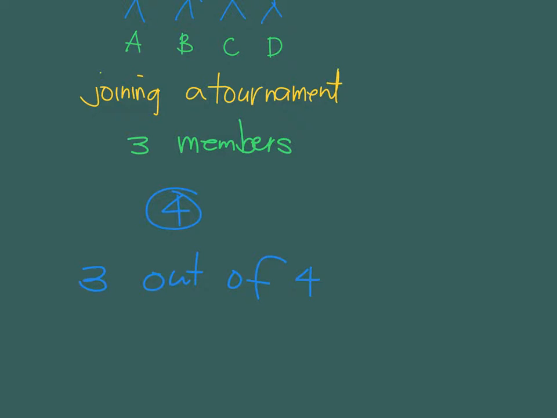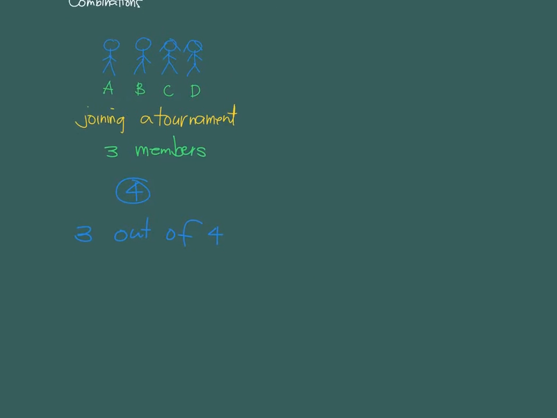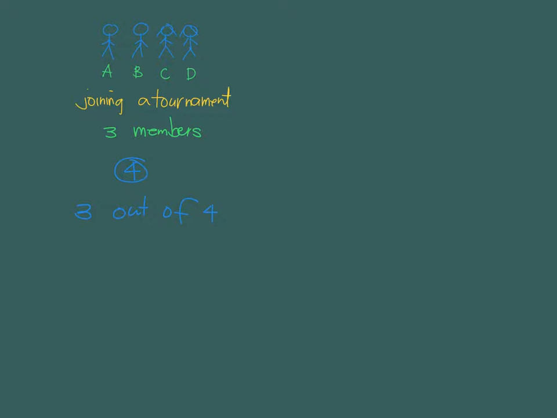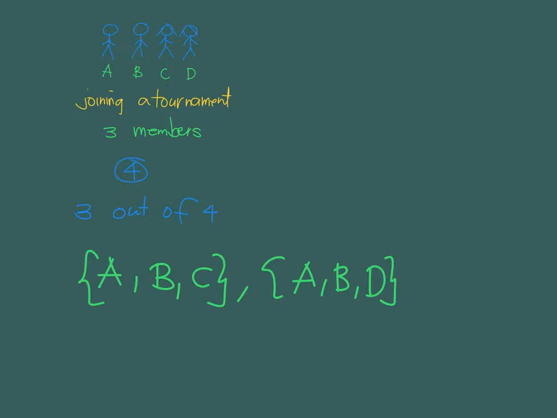Now for small numbers, I think this is still fairly easy to identify such combinations. Maybe the coach can send persons A, B, and C together, or A, B, D together, or A, C, and D together, or B, C, and D together.